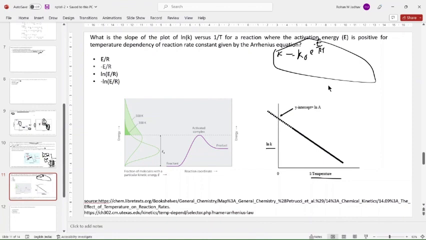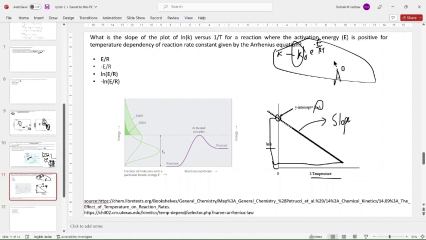When you plot this, the slope of this line will give you the answer. Now, the slope which forms here is nothing but minus of E by R. If you take two temperatures such as 500 and 300, the rate constant decreases quickly.